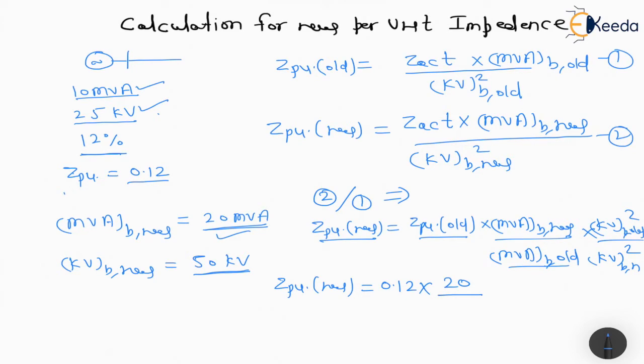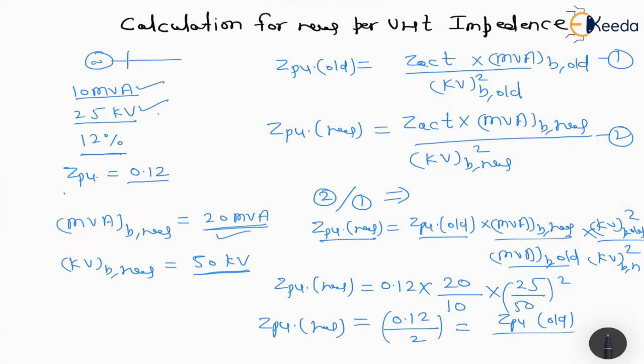Into KVB old, which is 25, upon KVB new, 50, squared. So we get 0.12 divided by 2, so ZPU new is equal to ZPU old divided by 2.